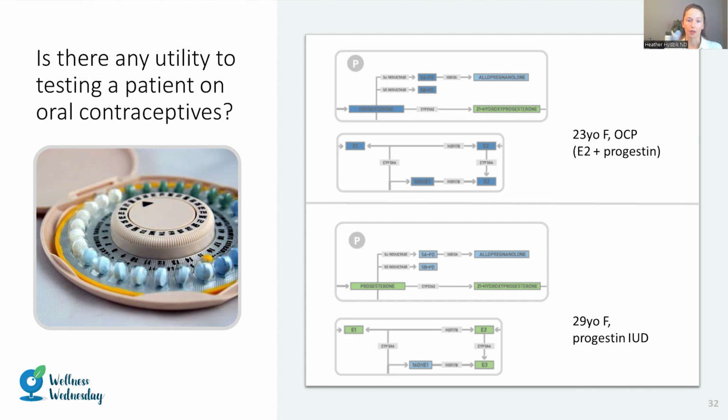This one on top is on a combined oral contraceptive. And look, all the progesterone metabolites low or lowish. All the estrogens here are overtly low. That's because she's not ovulating. This next one is someone on a progestin IUD. It doesn't always suppress ovulation. It has other mechanisms of preventing pregnancy.